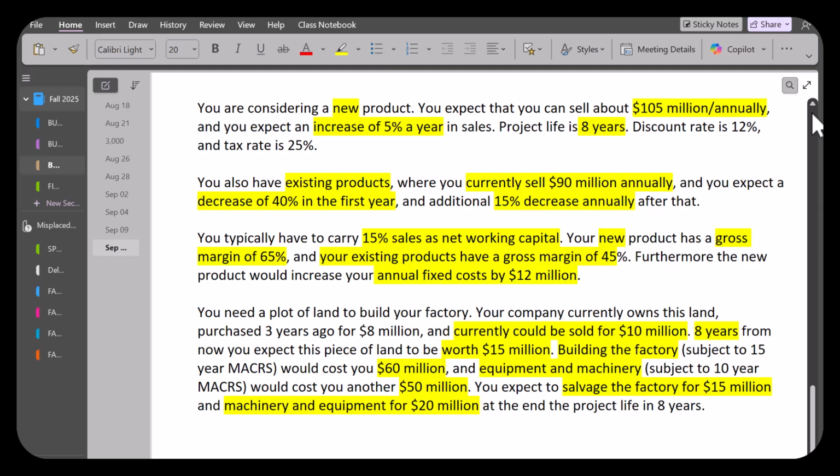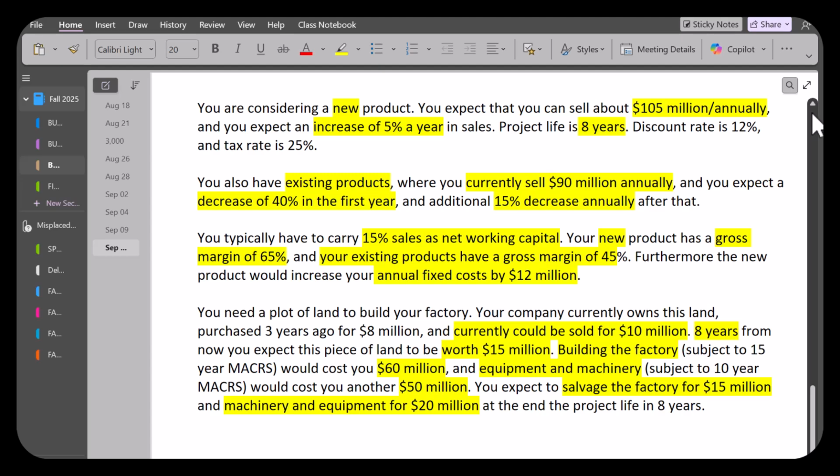To build the factory, we're going to depreciate the factory using the 15 year MACRS schedule. That's what the IRS told me. I don't know if that's the correct one or not, but who cares? It's our example. We can make up our own numbers. And this factory is going to cost us $60 million to put in place.